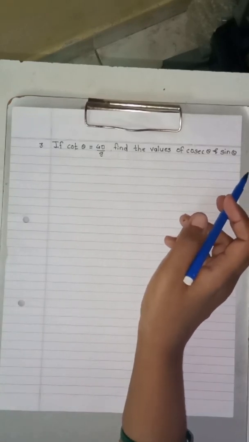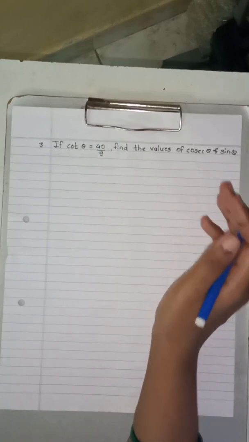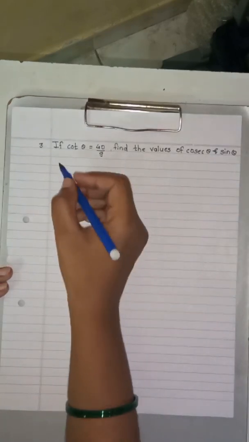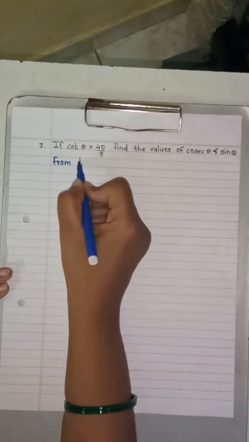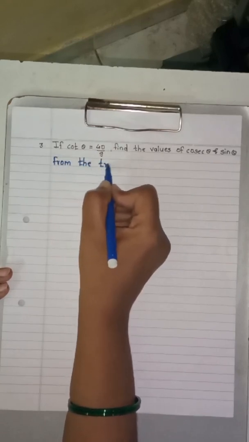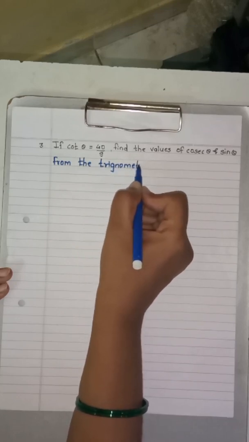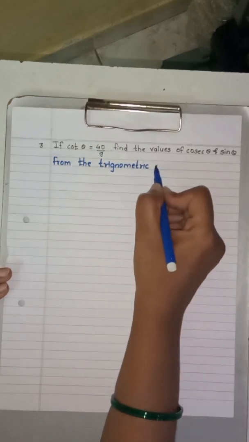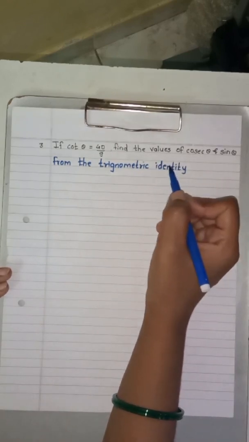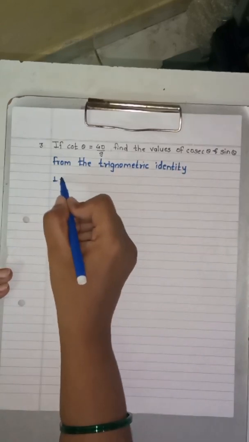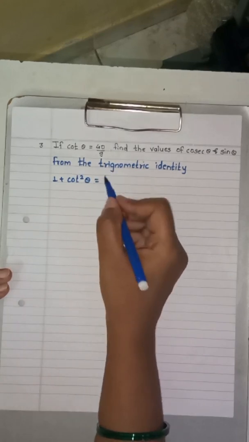Now you know that from the trigonometric identity, 1 plus cot square theta is equal to cosec square theta.